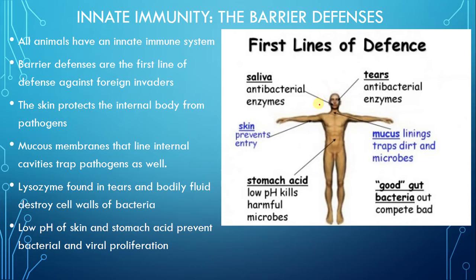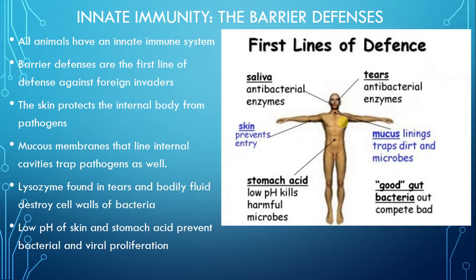It is a physical barrier that prevents organisms from getting into your internal environment. Couple that with the fact that your skin has a pH of anywhere between 3 and 5, and that acidity inhibits most fungal and bacterial growth. So the pH of your skin, on top of it just being a physical barrier, helps with that barrier defense.